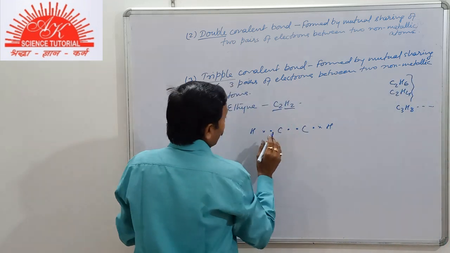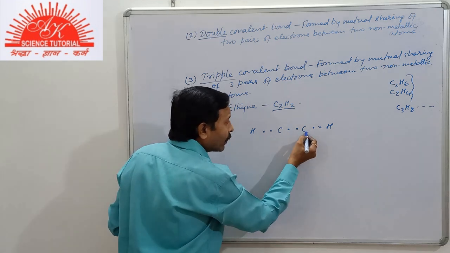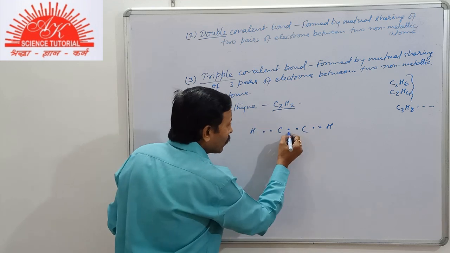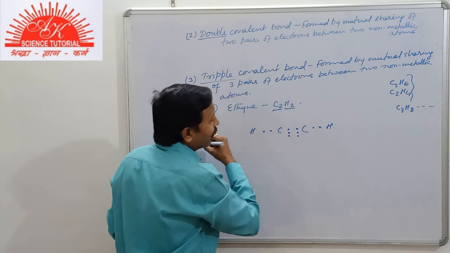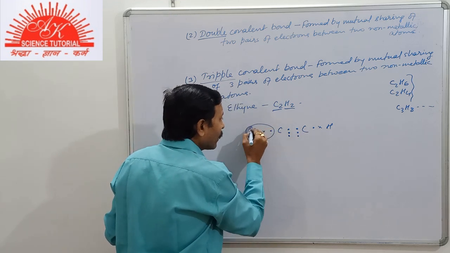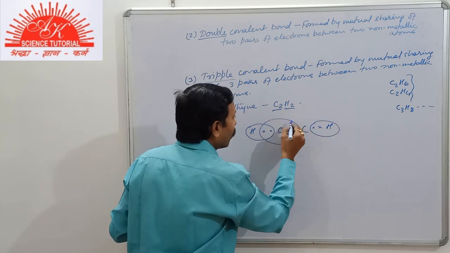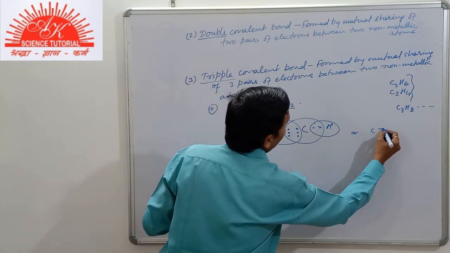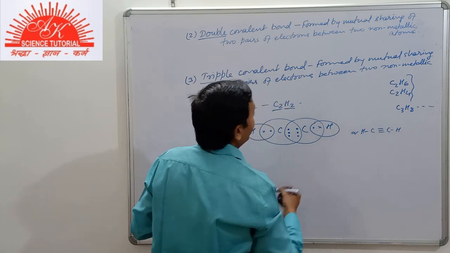So here 2 electrons of this one are left, 2 electrons of this one are left, and they are required to be shared. So the remaining 2 electrons of both the carbon atoms are mutually shared. Hence, in this way, a triple covalent bond is formed. That is H single bond C triple bond C single bond H.